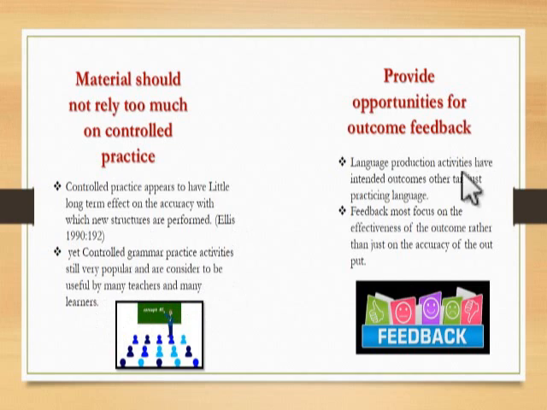Provide opportunities for outcome feedback. Language production activities intended to have outcomes other than just participating in language. So we have to give the opportunity to give feedback to our students because that is going to help them to improve their knowledge. Feedback must focus on the effectiveness of the outcome rather than just on the accuracy of the output.